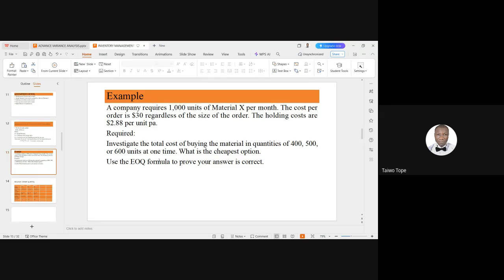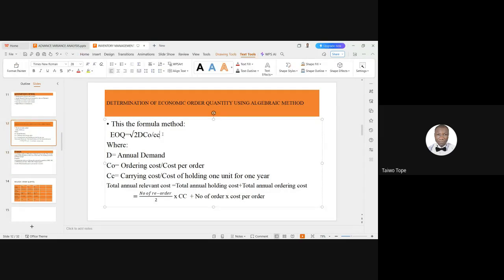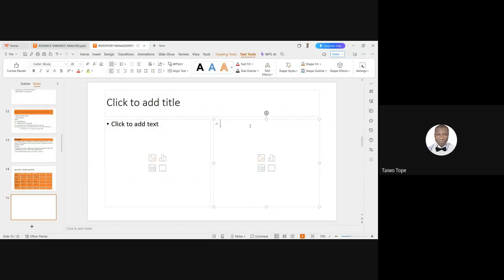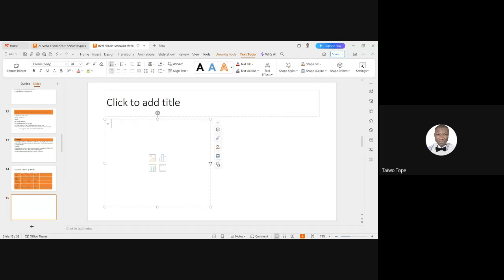So the economic order quantity formula is what? It is this.